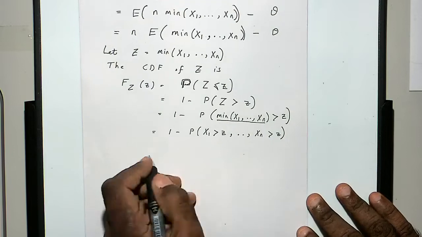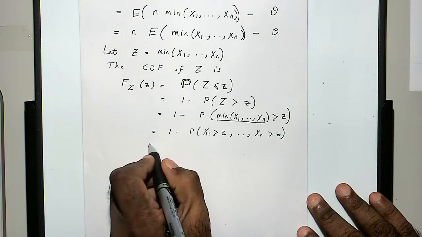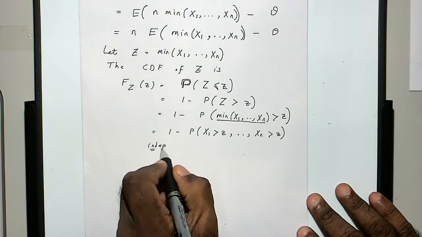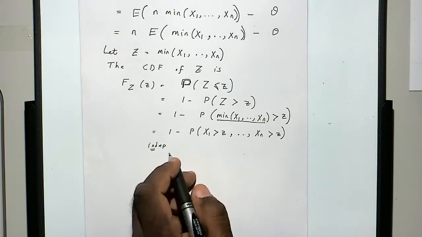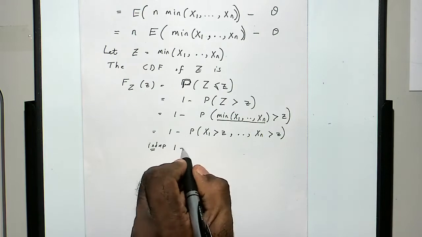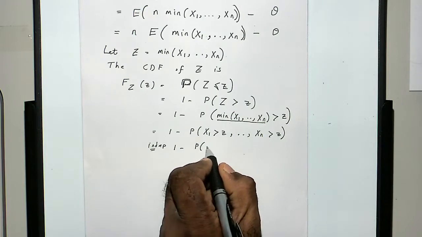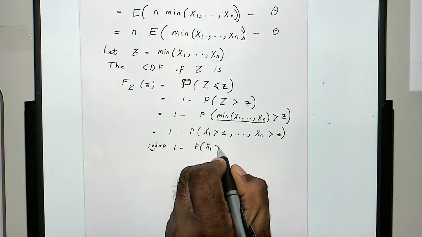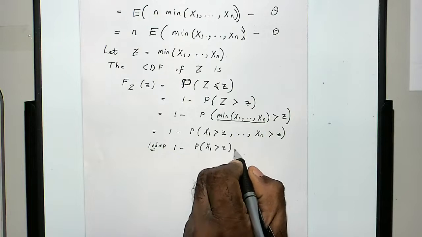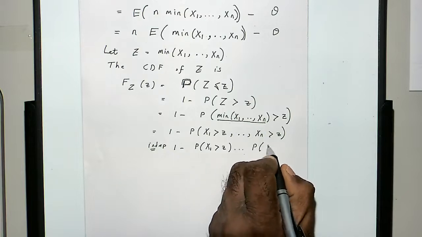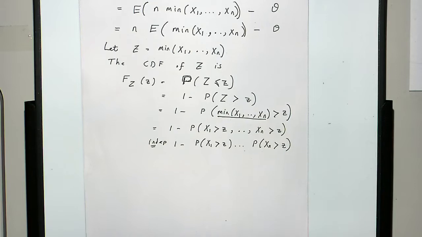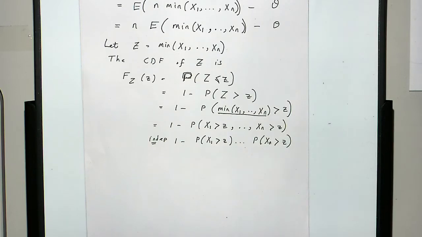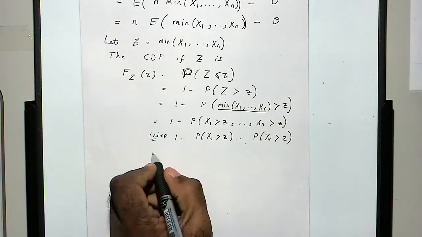Now, in the next line, we are told that x1 to xn are independent random variables, so I'm going to use the independence and write this as a product.